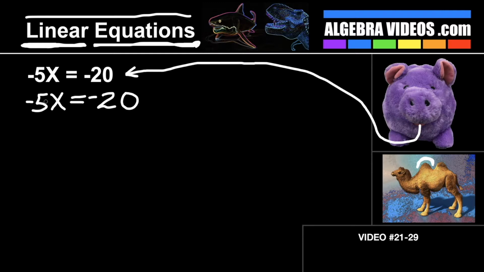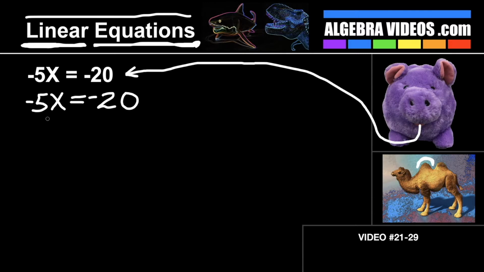And on any kind of problem like this where you just see x and then a bunch of numbers, here we have a negative 5 and negative 20 on the other side. There's no other letters here, no other variables. It's just one x all by itself. We want to isolate that x, and we want to get it on one side of the equation all by itself. That's all we have to do.